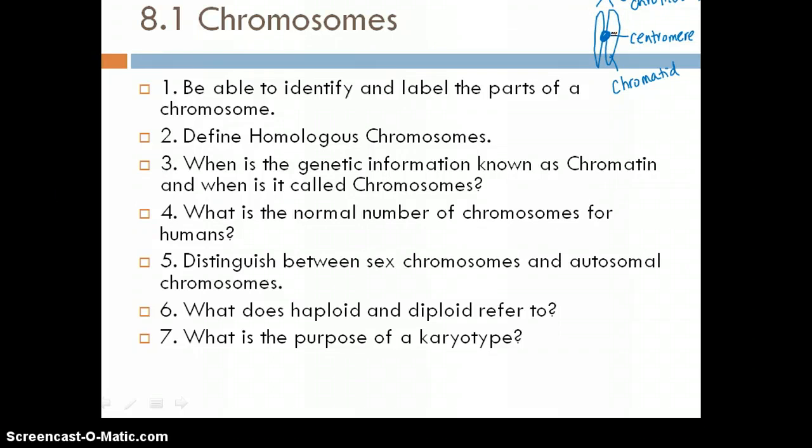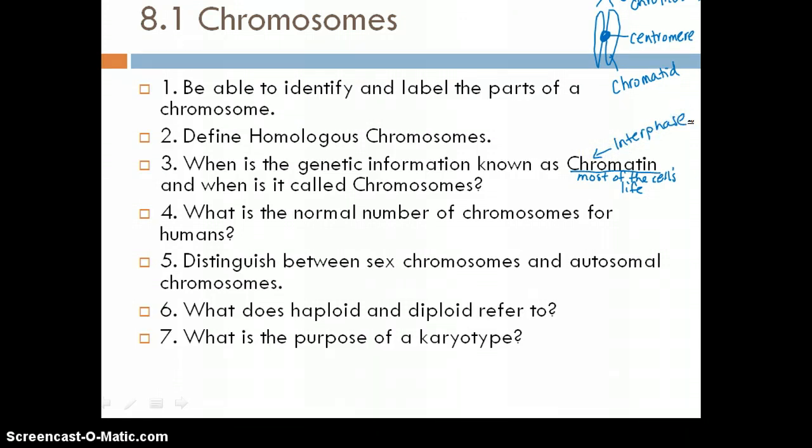When is the genetic information known as chromatin, and when is it called chromosomes? So it's chromatin most of the time. In interphase, if we're looking at stages, it has that particular name.